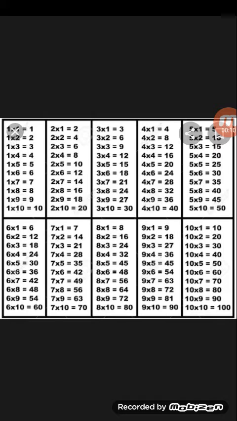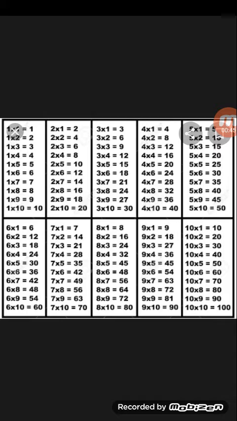So first, let's start with the times 1. The times 1 is just easy. The times table of 1 is just the same as the number.